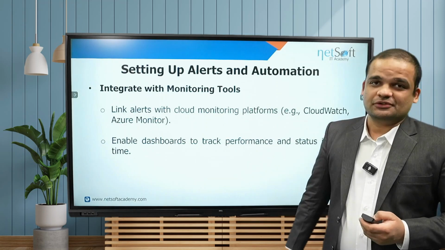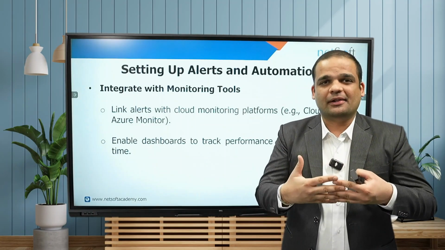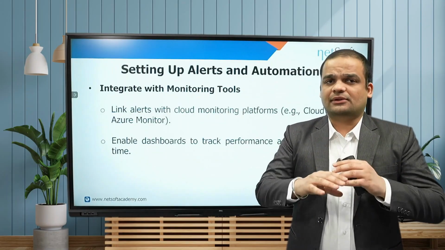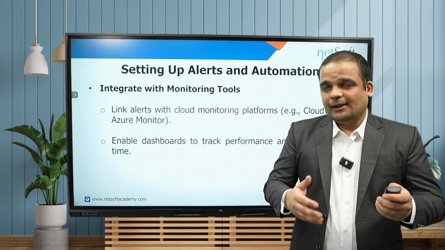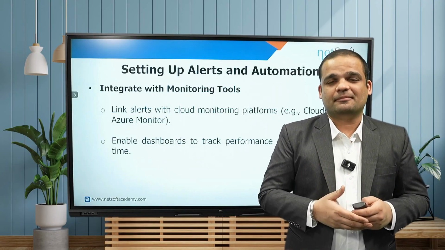Integrate with monitoring tools. You can link alerts with cloud monitoring platforms like CloudWatch from AWS or Azure Monitor for seamless tracking plus response. So they go together pretty well. Now, the organization can set up a customizable dashboard to visualize system performance in real time, helping teams to identify and resolve issues faster.